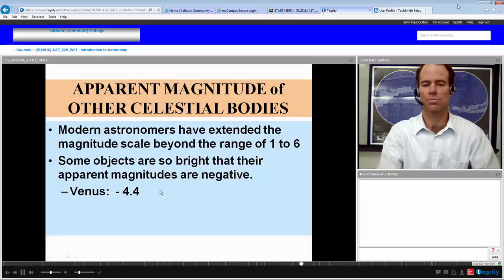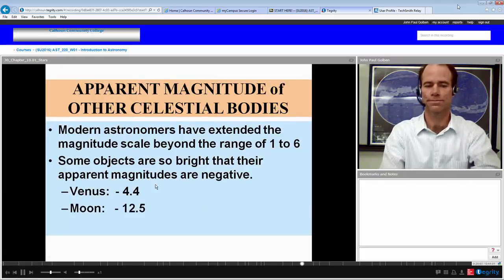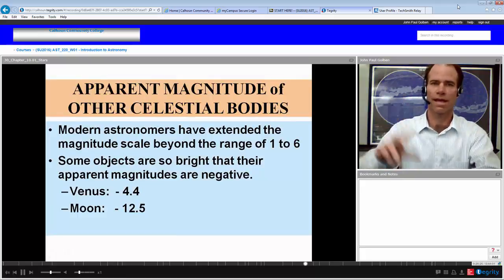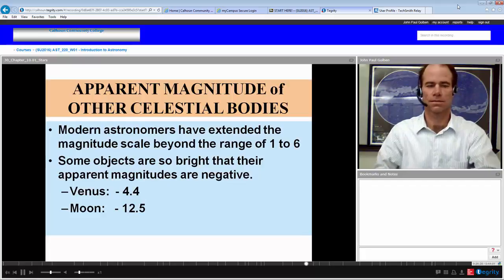Venus at its brightest is a -4.4, which is pretty bright. A full moon would be a brightness of about -12.5. So that is approximately 8 magnitudes brighter than Venus, which would be 2.5 times 2.5 times 2.5, 8 times. So what is that?